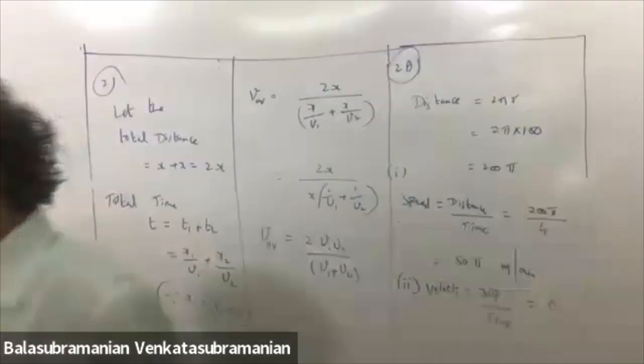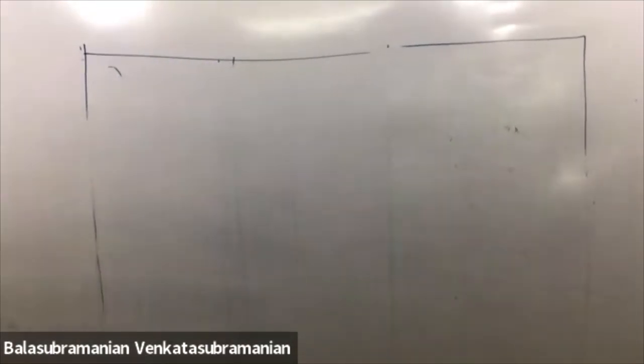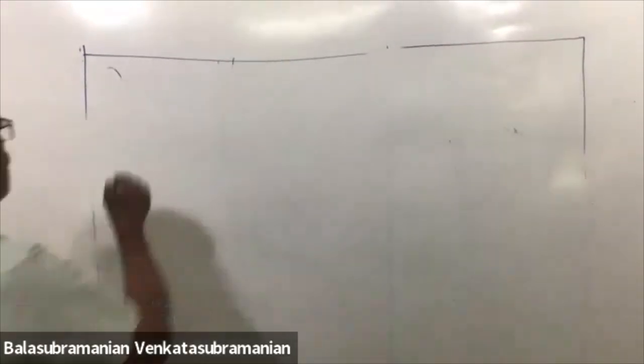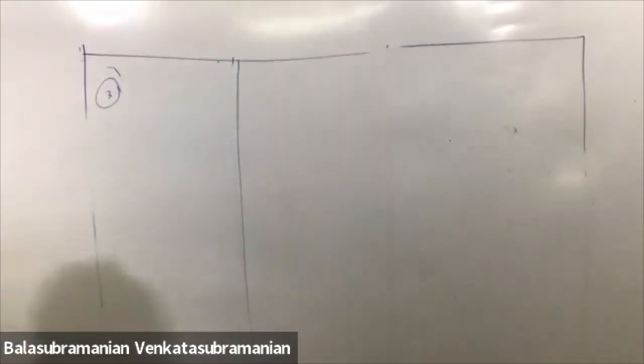Okay. Next, third problem. A car covers the first half of the distance between two places at a speed of 40 km per hour and the second half at 60 km per hour. What is the average speed of the car? Which is similar to the first and second problem.